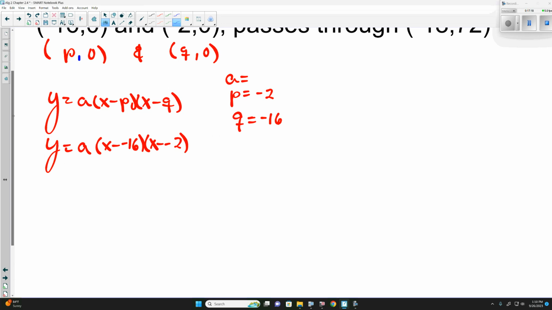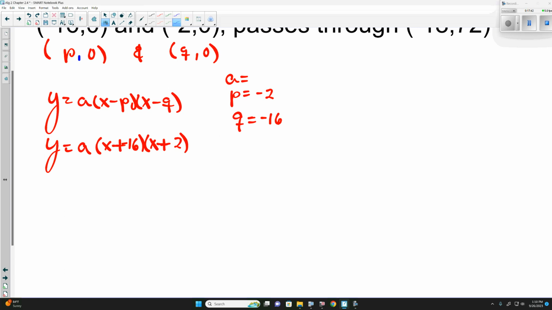It doesn't matter. Because even if we have the negative, that makes plus. Is x plus 16 times x plus 2 the same as x plus 2 times x plus 16? Yeah. Because we can multiply in any order, so it doesn't matter which order we list them.